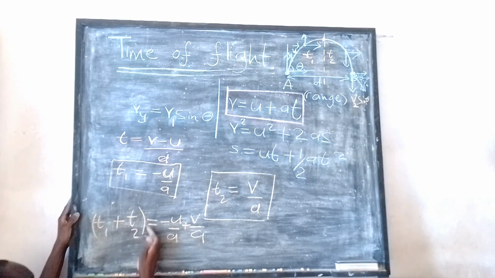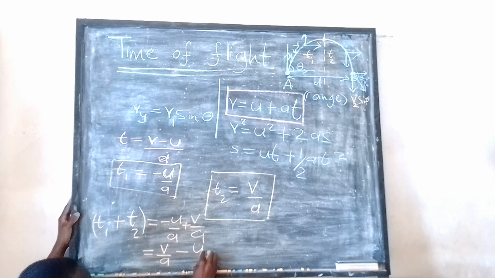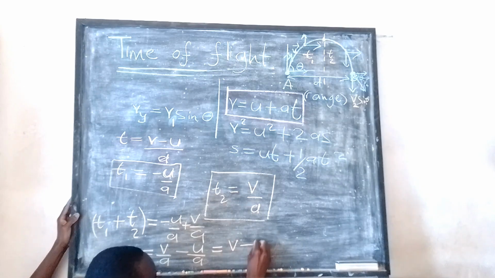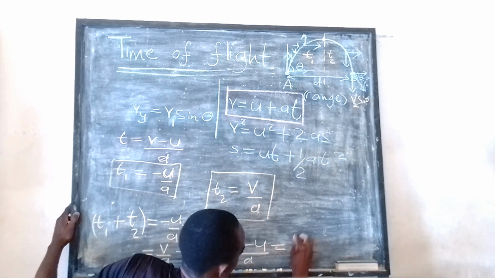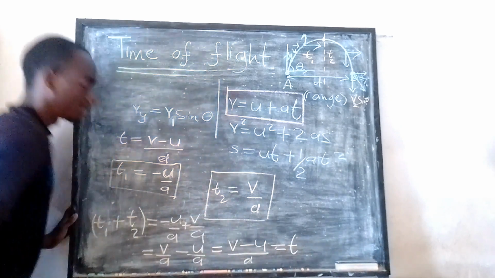And if we bring this side, we get v over a minus u over a. Common denominator, guys: v minus u all over a. Remember, we said this is then the time of flight.